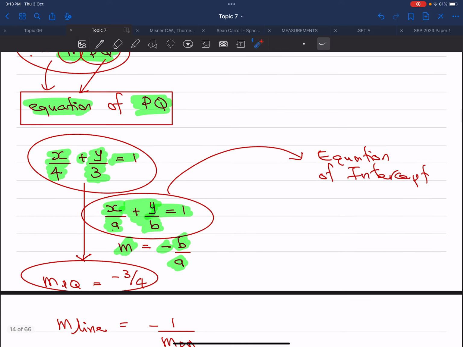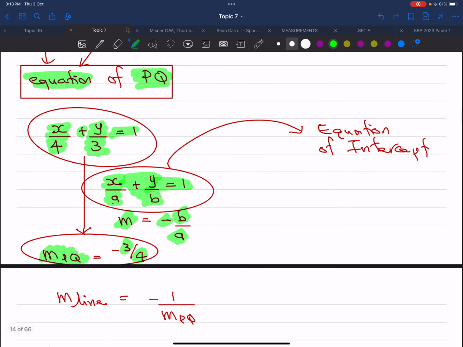So the gradient of PQ is negative y-intercept 3 over x-intercept 4, which is negative 3 over 4.